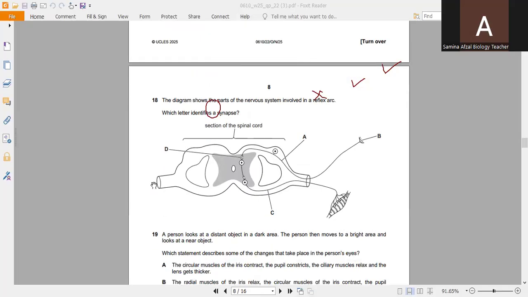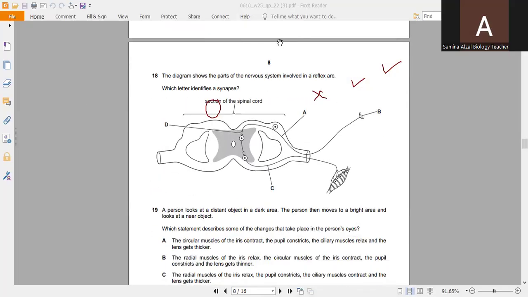Question number 18 is, the diagram shows the parts of the nervous system involved in a reflex arc. So which letter identifies a synapse? And students, you know, a gap between two neurons is called a synapse.